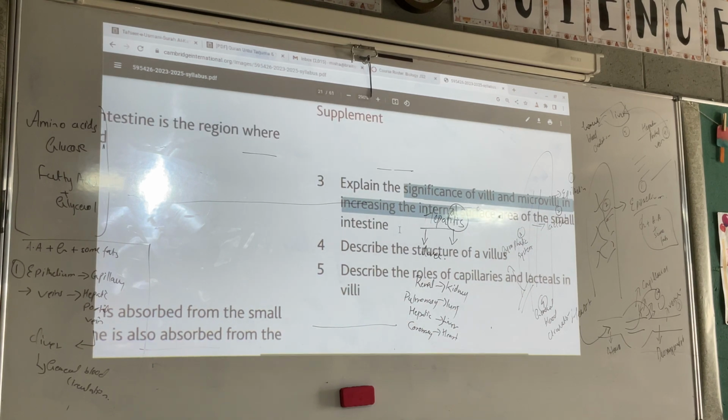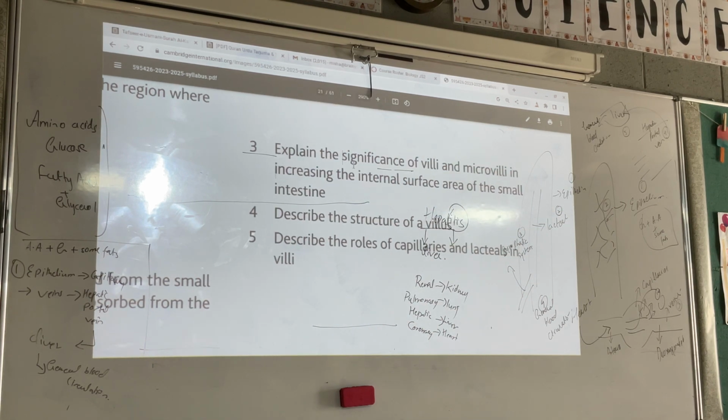Alright, so the last part of the syllabus of this chapter is the significance of villi and microvilli. You should know microvilli are present on the surface of villi. They increase the surface area for absorption of nutrients, and then you have to explain the structure of a villus, like what we did just now. Epithelium, what is the next one?